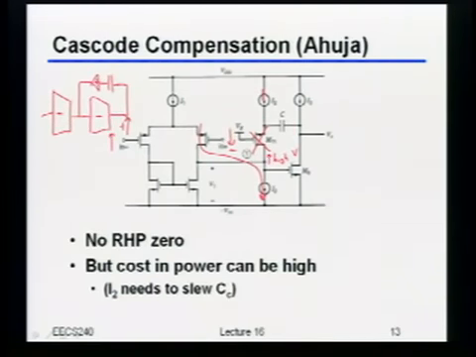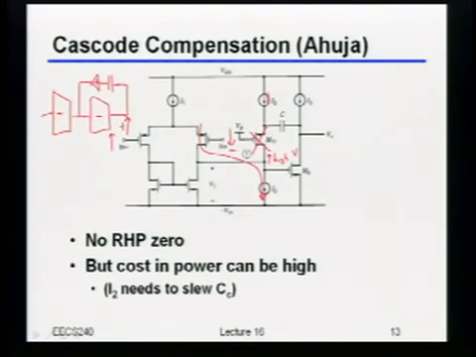Because remember, if I have a current source in one branch of a circuit, the overall current has to be that. So it doesn't matter what this thing is doing. This is what's going to limit the current flowing through that capacitor. Okay? Well, if this is what limits the current flowing through that capacitor, and I need to have good settling behavior, then unfortunately that means this current right here has to be fairly substantial.